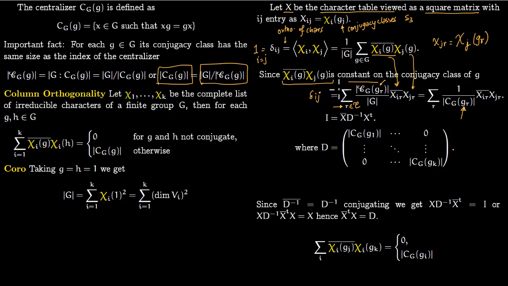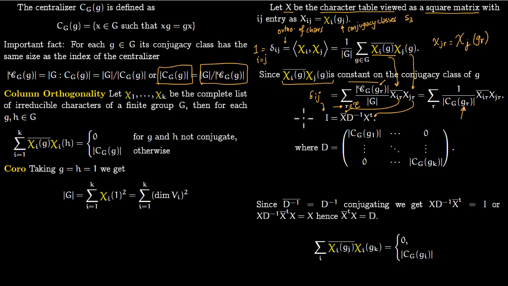So now you do it for all the characters like this. You get the identity matrix from here. This gives you x bar, this gives you the transpose of x, because this is ir and jr, and this d inverse corresponds to this, which is c_g1 and so on. So this is what we get.